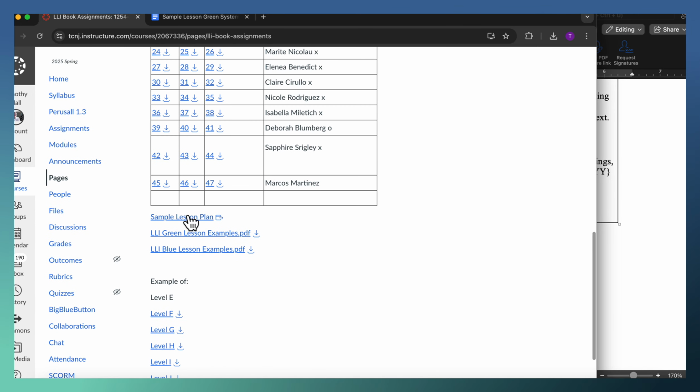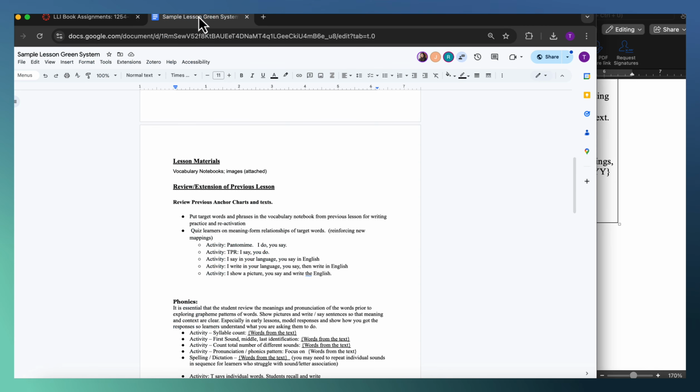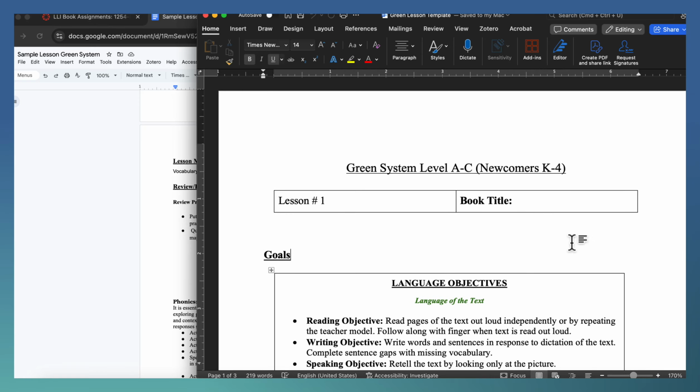And then I also showed you a sample lesson plan that was a slight variation, all right? And I said that you could copy and paste many of the elements from this into this.